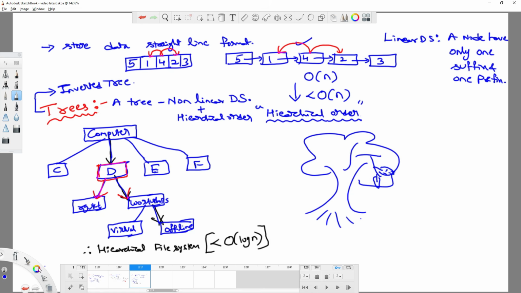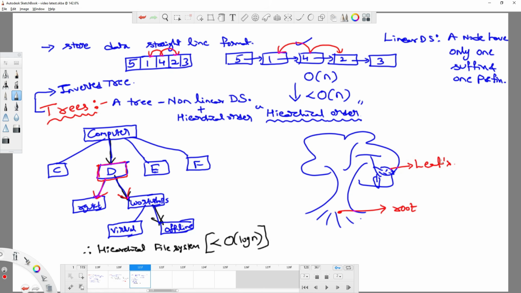If you observe the bottom part, we call it the root, and this one the leaf, or leaves.